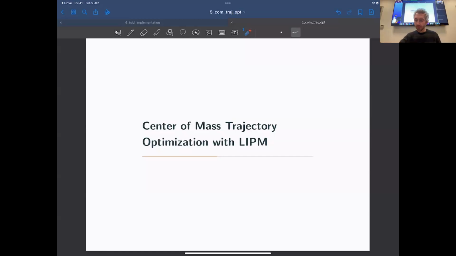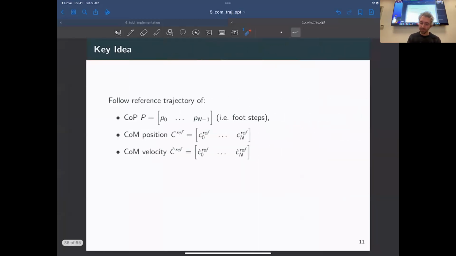Okay, so we have introduced this LIPM, so linear inverted pendulum model. Let's now see how we can do trajectory optimization using this model. So the key idea is to give to the problem a reference trajectory to follow for the center of pressure, which is going to be basically the footstep positions.